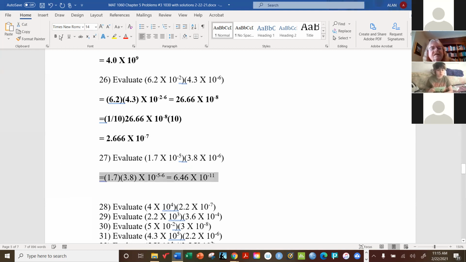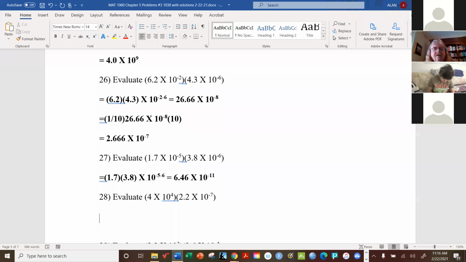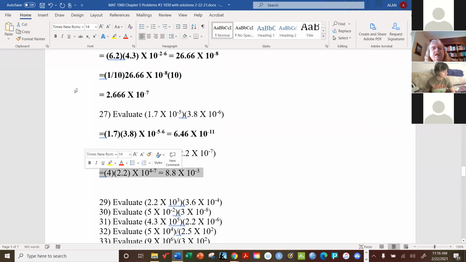I like that one. How about this one? Oh, this one looks very promising. And the exponent is 4 minus 7. 8.8 times 10 to the -3rd. And we're done.